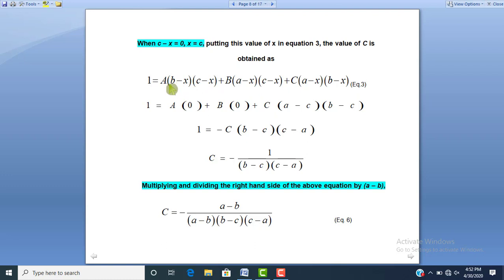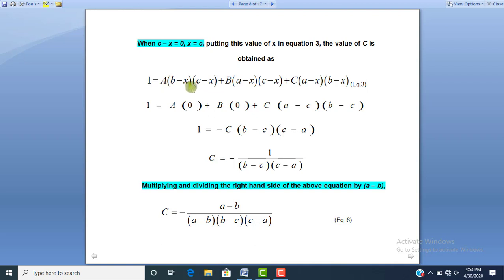By replacing x with c in equation number 3, this equation will be 1 is equal to a into b minus c into c minus x, so 1 is equal to a, because here they will be cancelled out because c is equal to x.